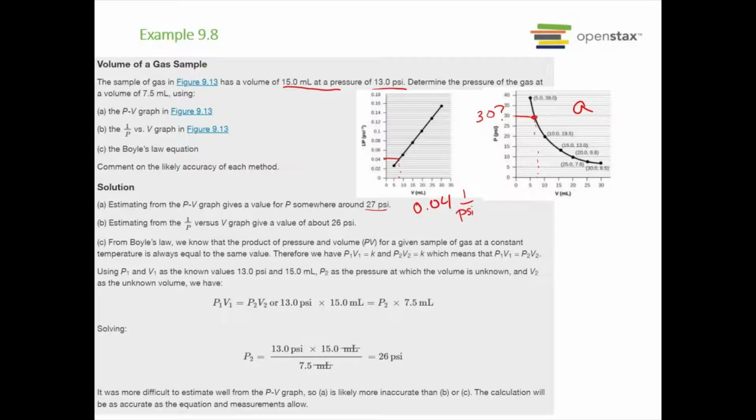So now I need to do 1 divided by 0.04 to get it to a pressure, and I get about 25 psi.